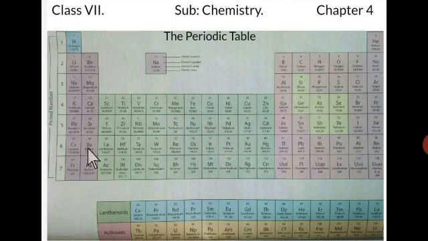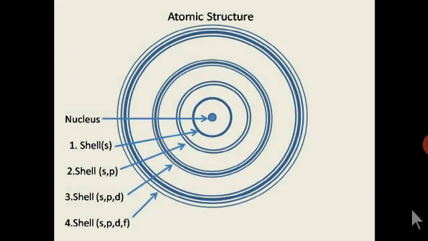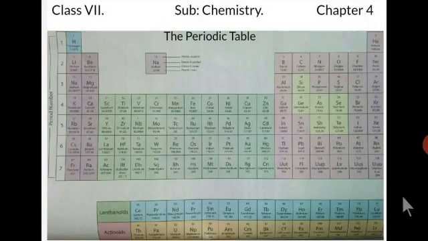Then if the electrons are in the P subshell, then those elements will be categorized as P block elements. They are arranged in this side, right hand side. These are known as P block elements.